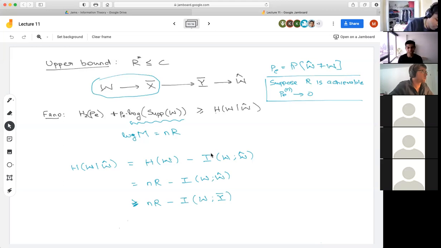W hat is a deterministic function of Y bar. And I can also write it as n times R minus the mutual information of X bar and Y bar, because W and X bar have a bijection between them. For every message, we have a unique encoding. That's the assumption on an encoder.